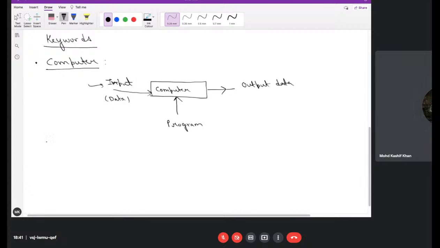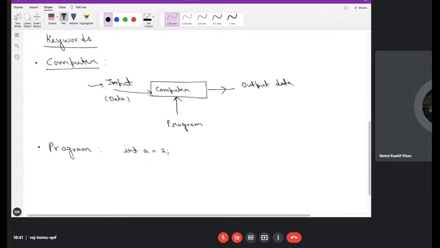Now write the second keyword. The second keyword is program. What is program? In the program we write a sequence of instructions, right? We write many instructions, and also in a program, as you have seen, you declare variables, like this: int a = 2.